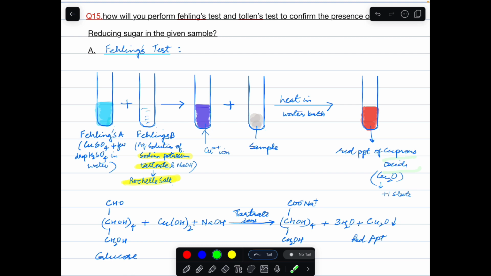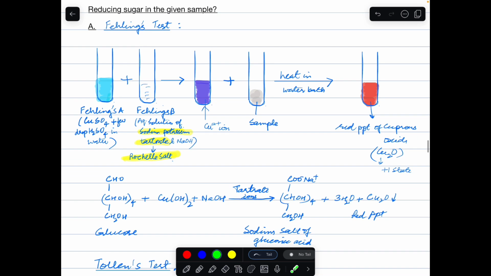So in this reaction, what is happening? Your cupric ion is undergoing reduction to cuprous ion, or cuprous oxide. This process is reduction, therefore this sample is called a reducing sugar. It is bringing about reduction of the active reagent in Fehling's solution.